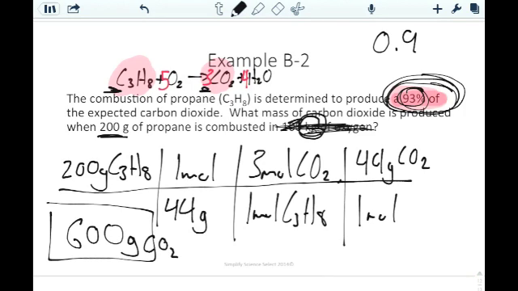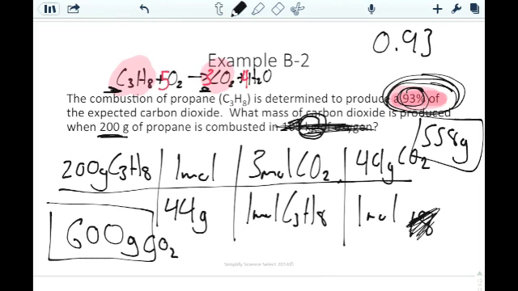So we multiply 600 times 0.93, and we should get something right around 558 grams, which should be our actual yield.